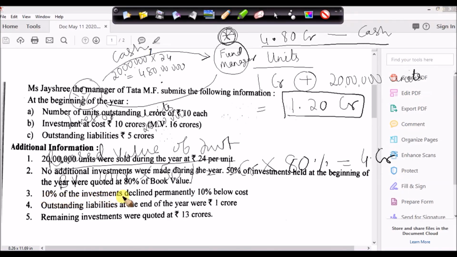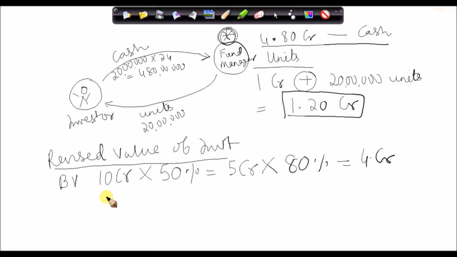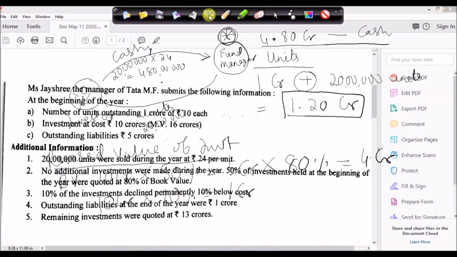Now 10% of the investments decline permanently 10% below cost. Okay, so again they are telling that we are having 10 crore of investment. Out of this 10%, that is 1 crore of investments. So 10% of the investments decline permanently 10% below cost.